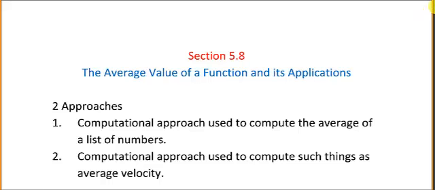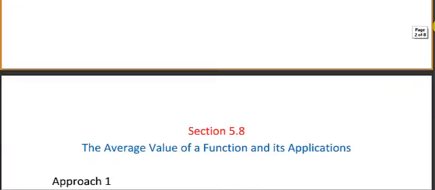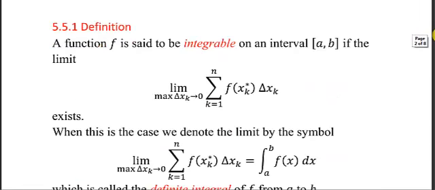We're going to need a little background before we can discuss this: we need to remember the definition of the definite integral. The definite integral is the limit, as the maximum of delta x approaches 0, of the sum as k goes from 1 to n of f of x sub k star times delta x sub k.